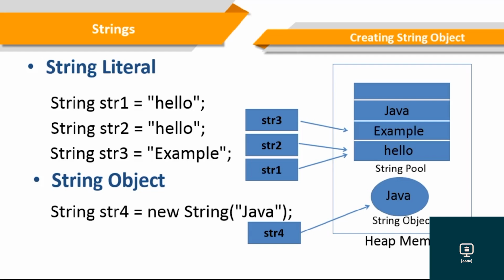Also, the same string object is created in the string pool because, of course, the string pool doesn't contain an object with the string Java. However, str4 refers only to the string object in heap, not the string pool. Follow? Well, let's do some examples with strings.